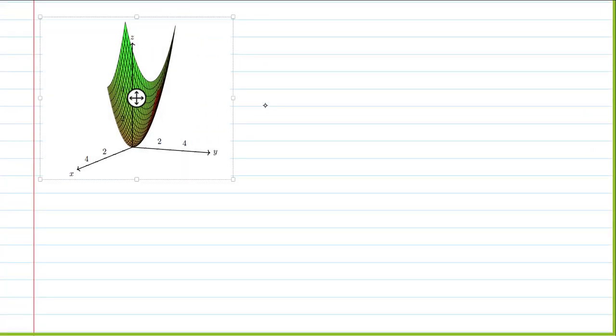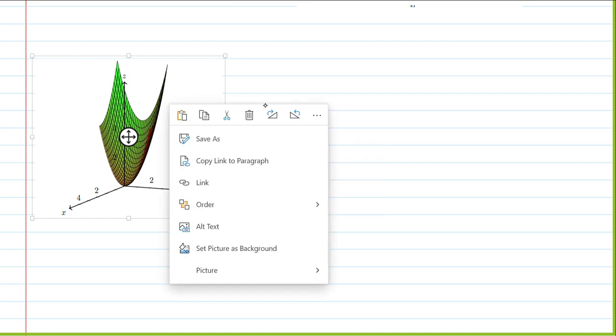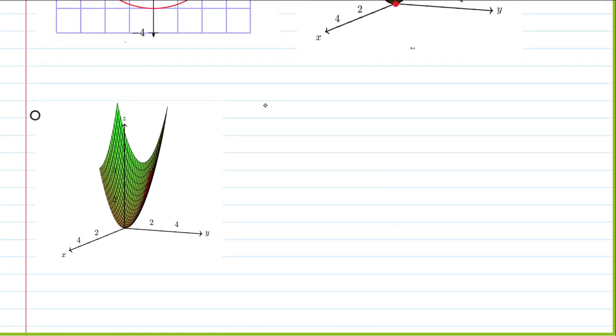We see this is, imagine we cut that same thing in half. It's only got the back half. And if we look at this edge right here, this is exactly the parabola z equals y squared, which is that same cross-section.